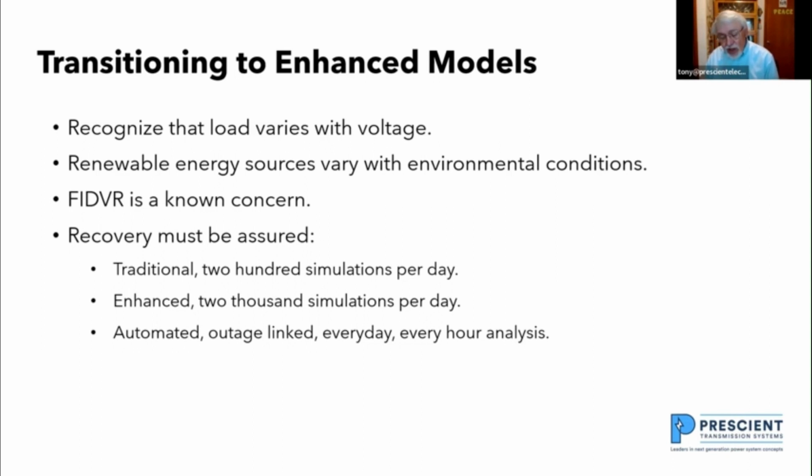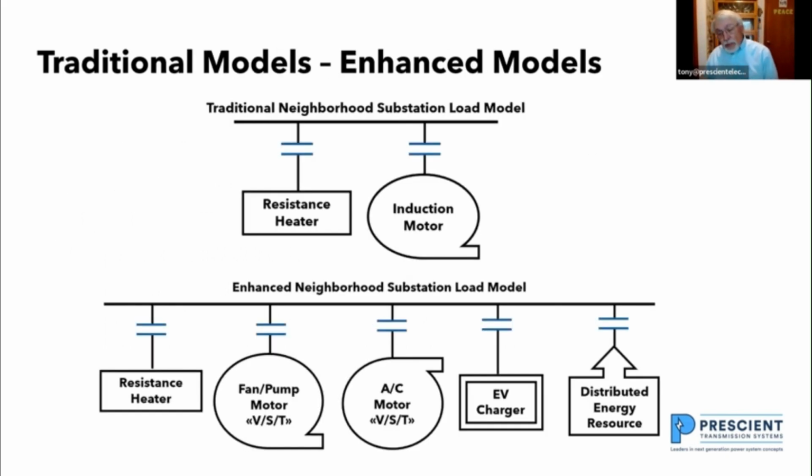Wind is going to be on and off during the days, depending upon weather conditions. So that's why we're saying you have to run a whole bunch more simulations, and they have to be automated. They have to be outage linked, and you're going to have to do them for every hour of every day.